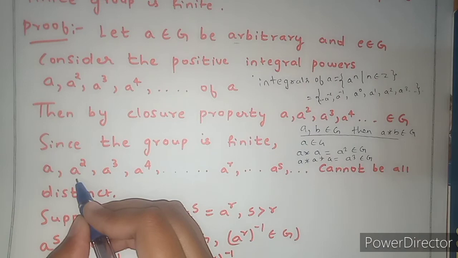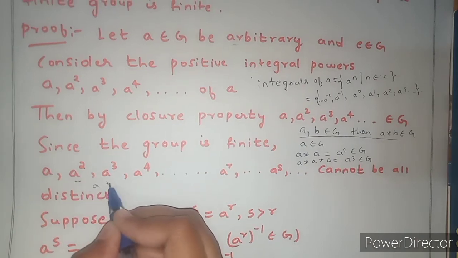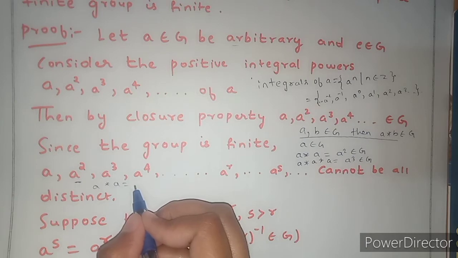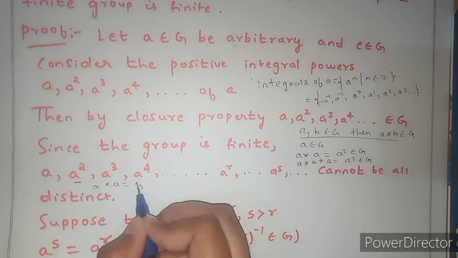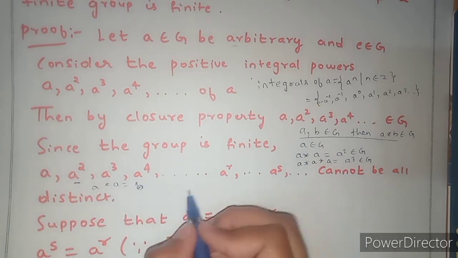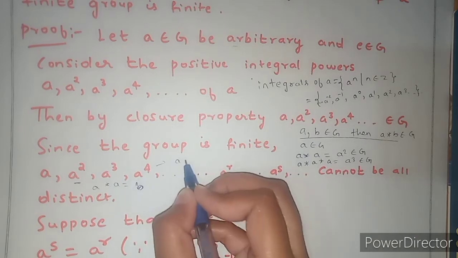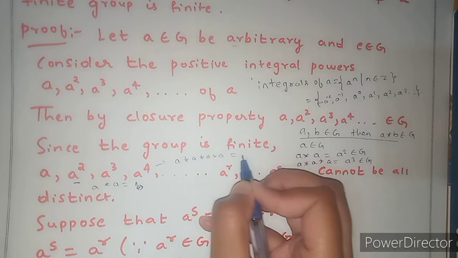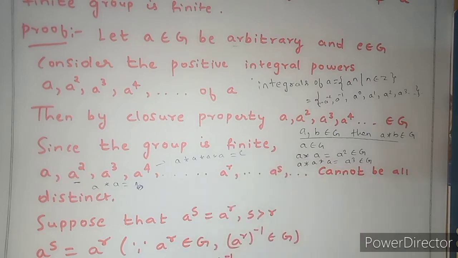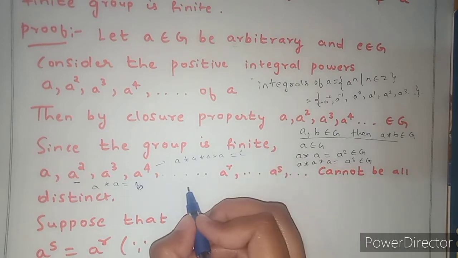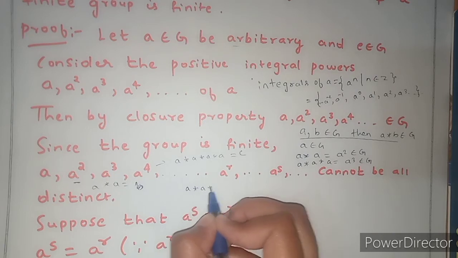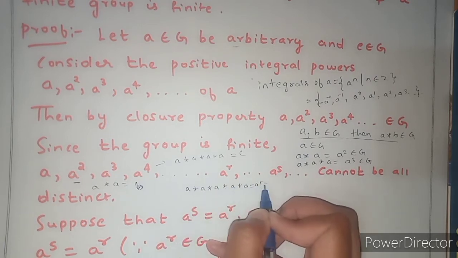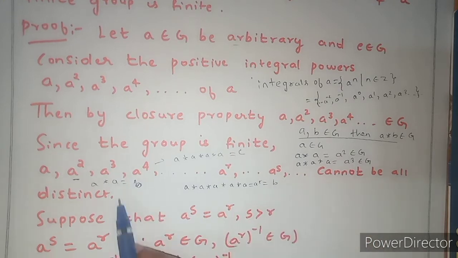For example, a cross a equals b. Let us consider. And here a^3 equals c. Likewise a^5 equals b.